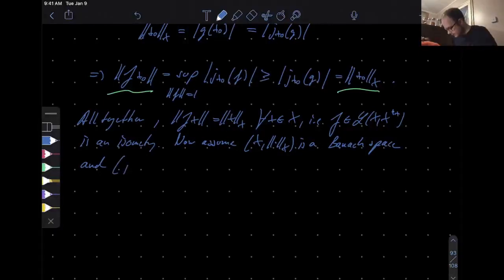So let's take a sequence in the range of the canonical map. Remember, the range of the canonical map, those are all those J_x.